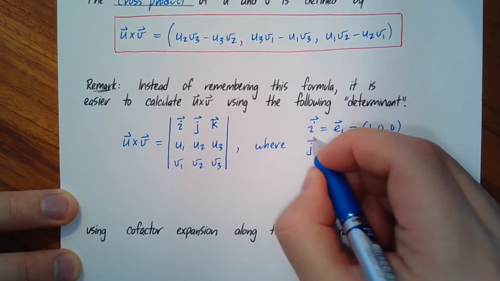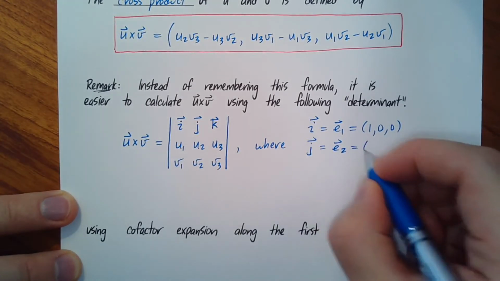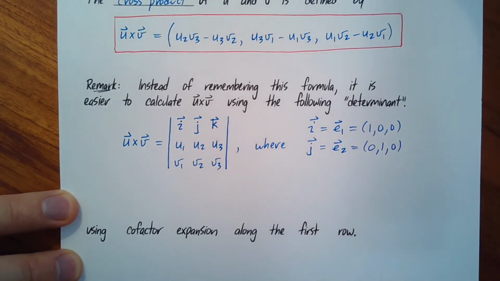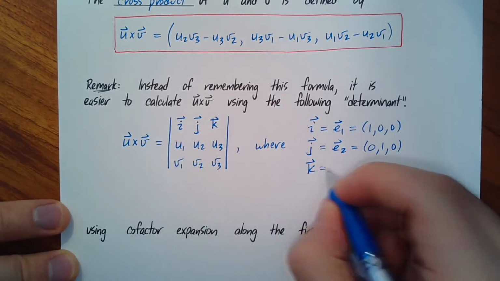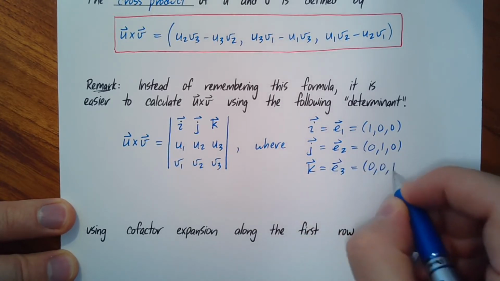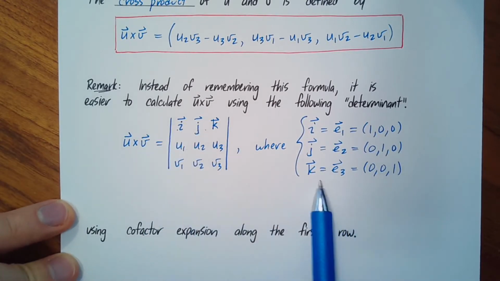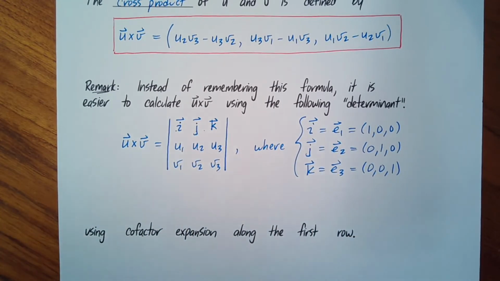And then j is the standard basis vector e2, which has coordinates 0, 1, 0. And then k, if you had to make a guess, you'd probably guess the standard basis vector e3 at this stage, and that would be correct. So it's going to be 0, 0, 1. So those 3 vectors i, j, and k are defined by these rules.